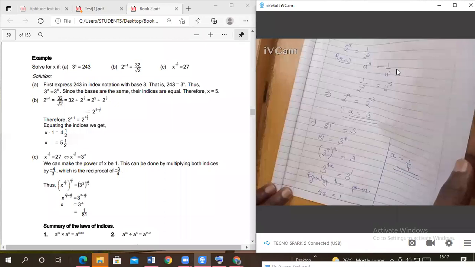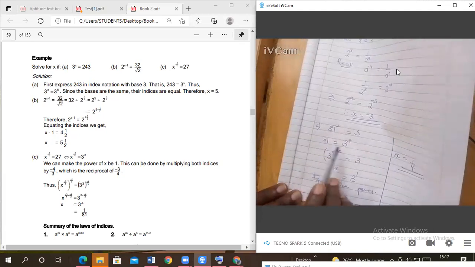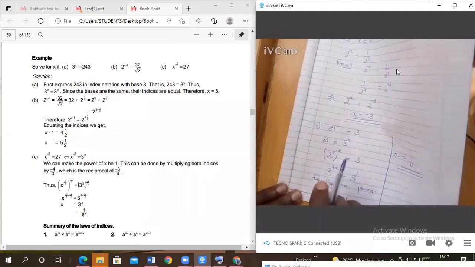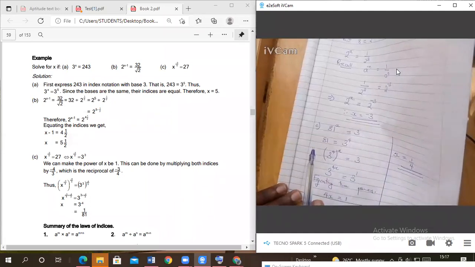Where is the question? Okay. We know that 81 is the same as 3 to the power of 4. Then 3 is the same as 3 to the power 1 because we want to express them in power form. There's a silent power there that we are not writing. So that's why we brought it here so that we can equate their powers. Okay?